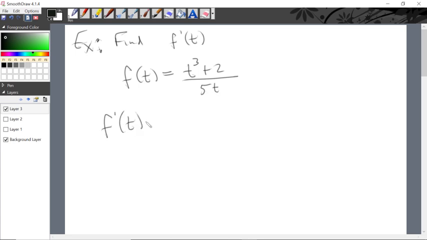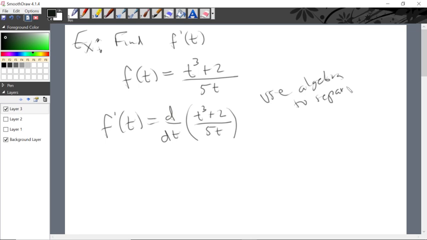Well, f prime of t, the Newton notation, then the Leibniz notation, d over dt of t cubed plus 2 over 5t. We cannot take the derivative of the top versus the derivative of the denominator. We cannot do it that way. It works differently with quotients. So we need to manipulate the expression algebraically. We need to use algebra in order to separate into terms which are power function terms. So let's say separate into power terms if possible.